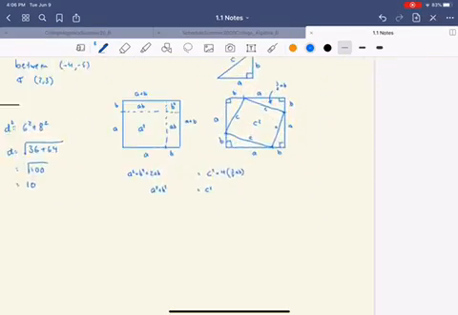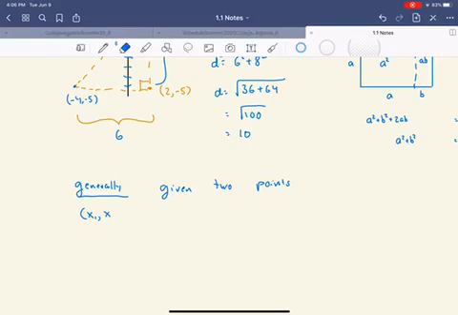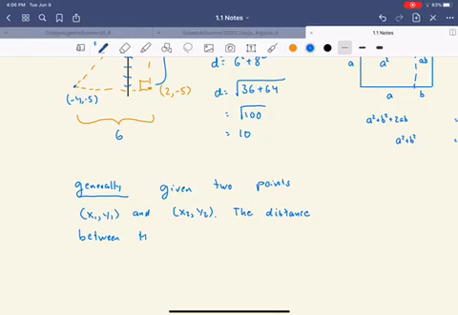Okay? More generally, given 2 points, x1, y1, and x2, y2, the distance between them is d equals the square root of x2 minus x1 squared plus y2 minus y1 squared.